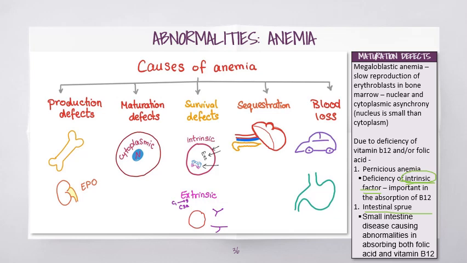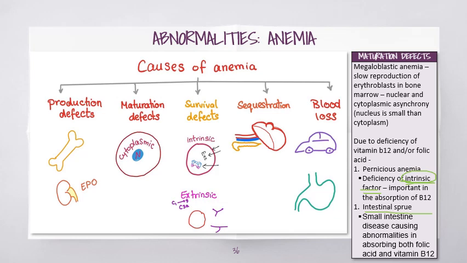Okay? Because there is lots of vitamin B12 stored in the body. So when you stop eating vitamin B12, anemia will ensue if you don't eat any vitamin B12 or take any supplements for about years pa.